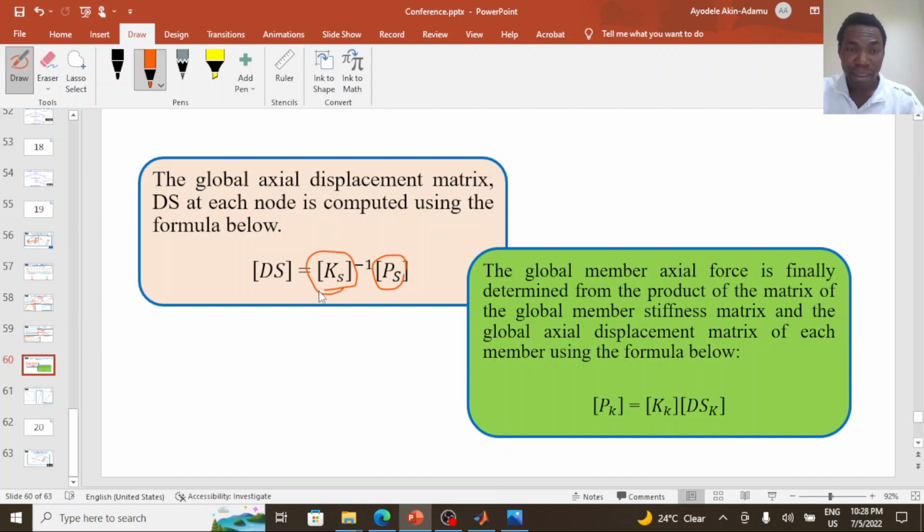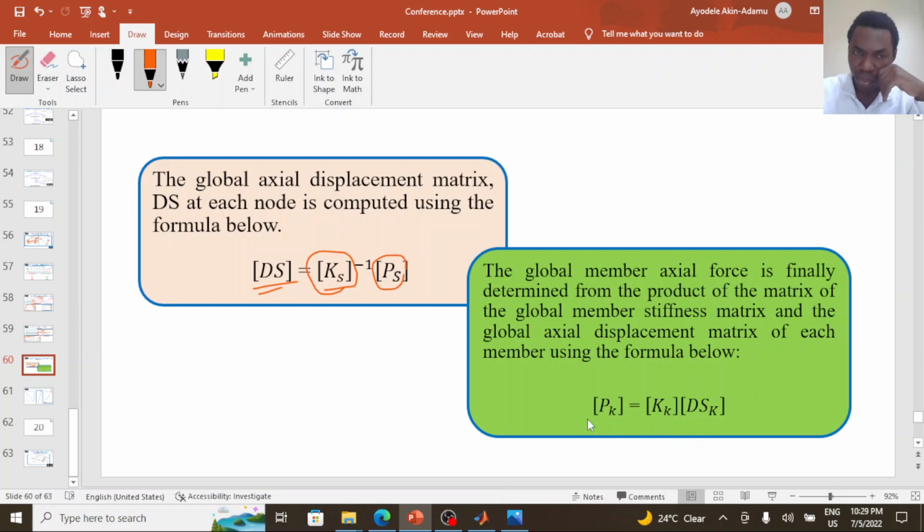Once we multiply the inverse of the global system matrix by Ps, we get the global displacement vector. I'm going to illustrate this in the Matlab working environment, so don't worry, you will understand it better when we work through an example.